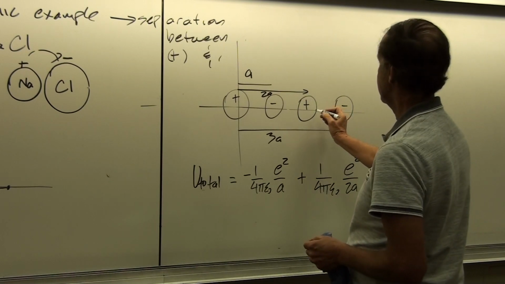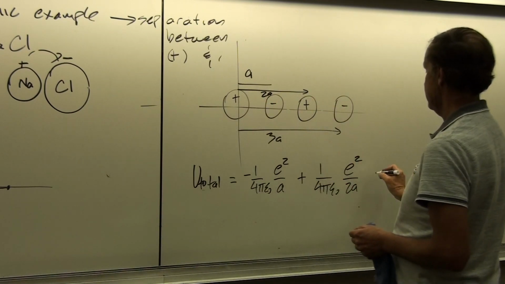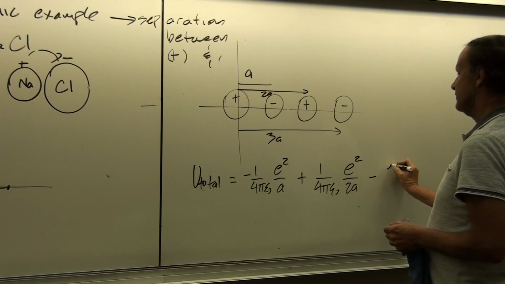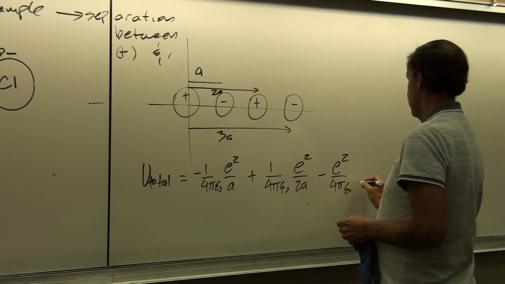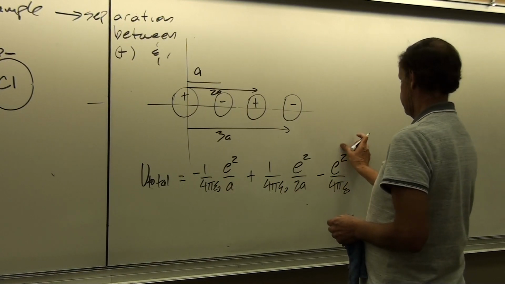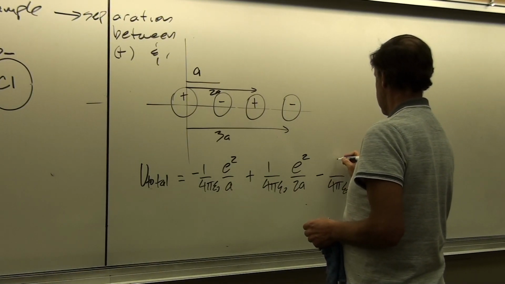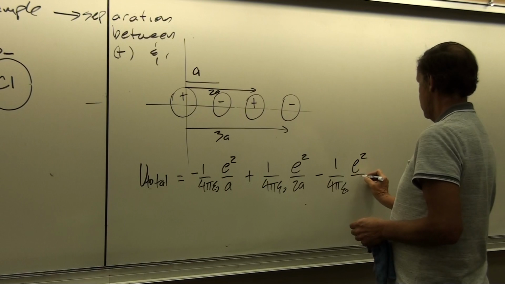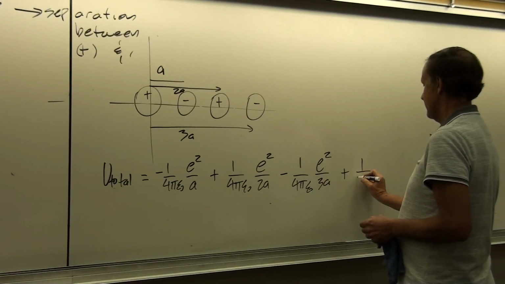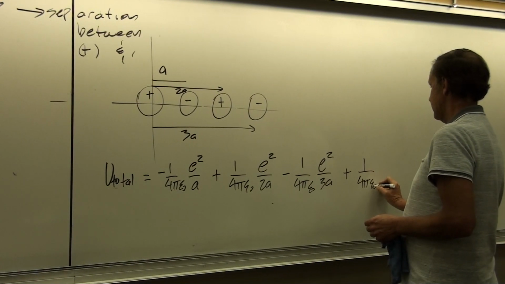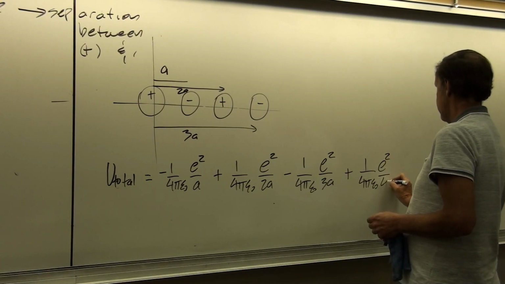And the next one will be attractive again, so that'll be minus 1 over 4 pi epsilon naught times e squared over 3A, plus, and then we just keep going with this, 1 over 4 pi epsilon naught e squared over 4A.